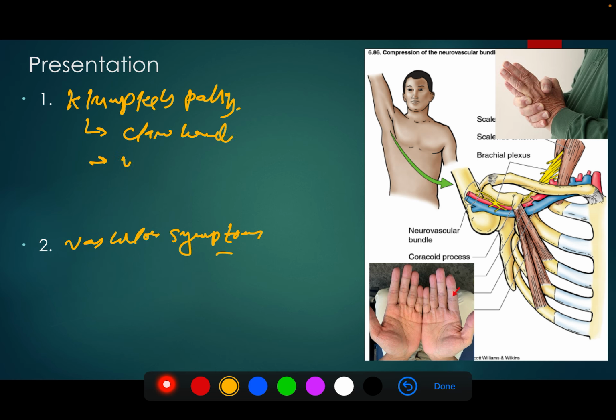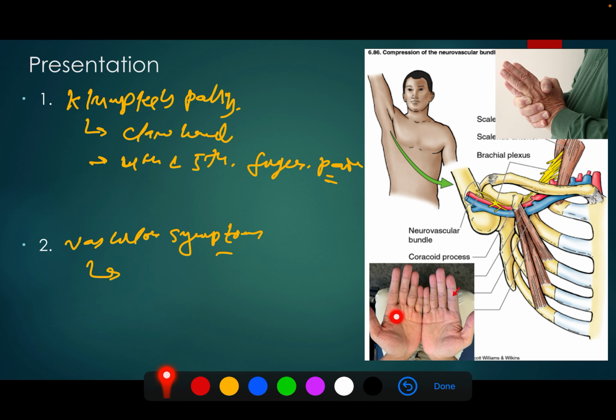Plus it will have the 4th and 5th finger pain and numbness, right? So vascular symptom means, look at here, we can see in this picture the bluish discoloration, right? That means if these vessels are compressed over here by the extra cervical rib, or because of this Pancoast tumor, anyway, right? So if the vessel is compressed over here, then there will be an oxygenation problem in the upper limb, right?